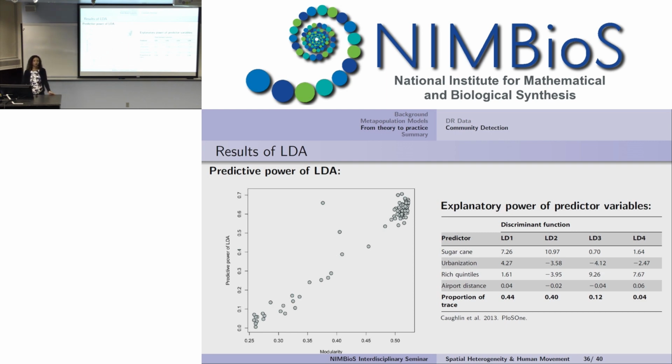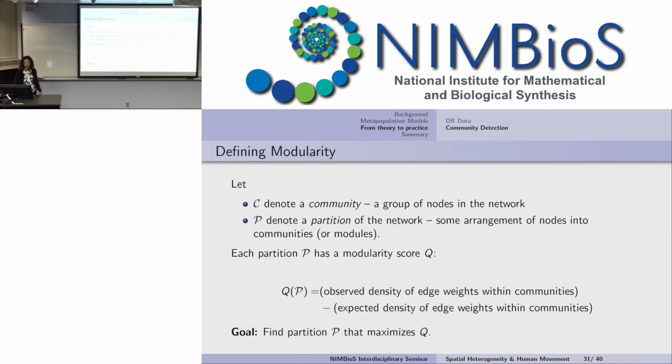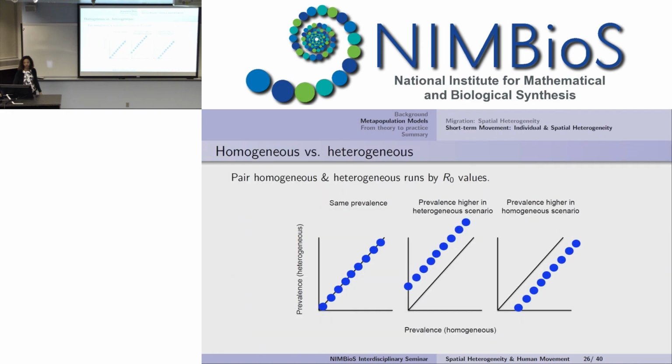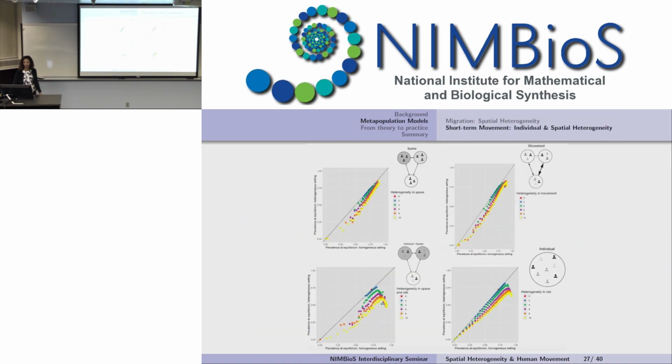So when you were doing the comparison of the prevalences with the homogeneous and heterogeneous, you had this diagonal line, right, and all the blue dots. Right. And then when you go to the next slide, they all seem to stay below the diagonal. Yes. I wasn't sure if that would happen, but they do all stay below.